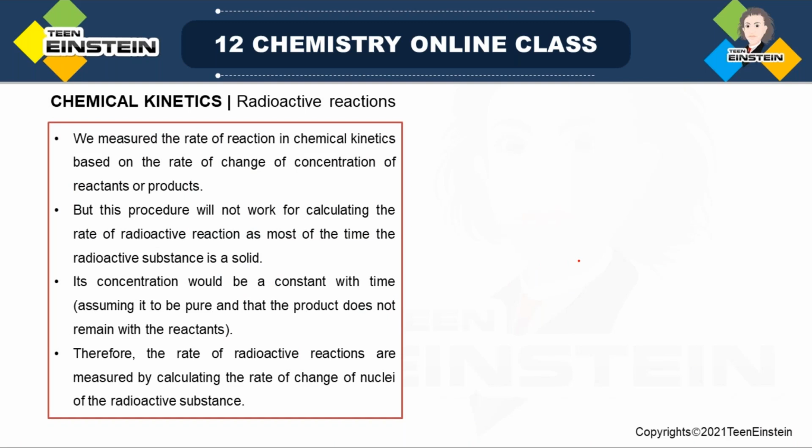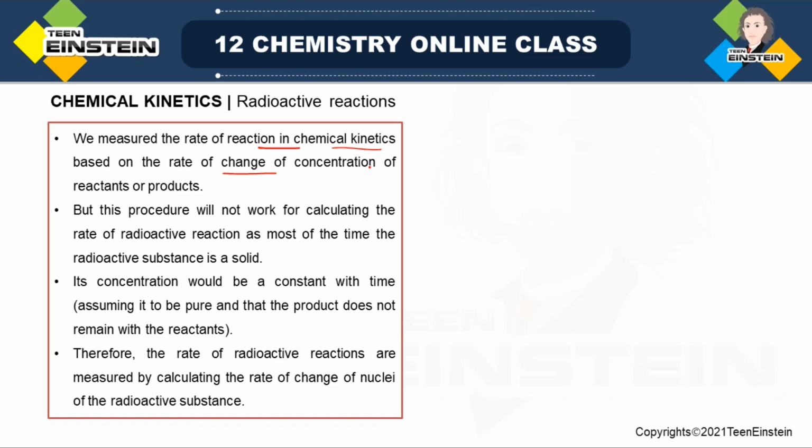We will see some particular statements which are related to radioactive reactions. We measure the rate of reaction in chemical kinetics based on the rate of change of concentration of reactant or product. We have already seen how we express the rate of reaction in normal chemical reactions.